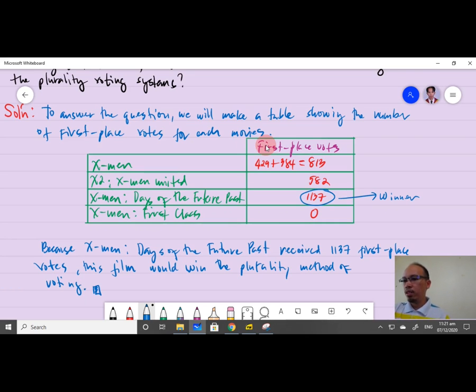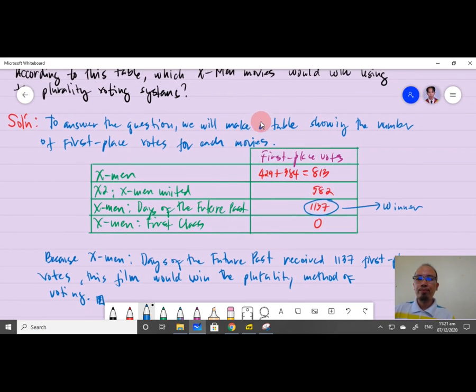So this is how you are going to solve using the plurality method of voting. Maybe let's have one more example in just a moment.